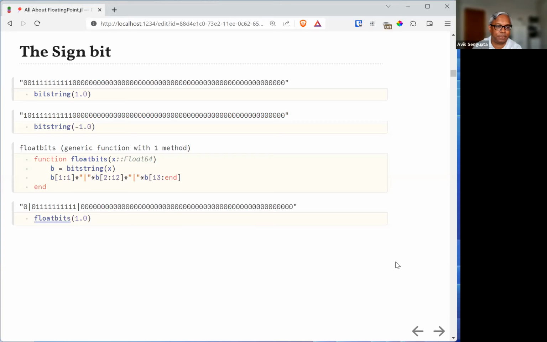The next part is the exponent, so that starts with a 0, and then it has 10 ones. That is the exponent, and the significant in this case is all zeros, right? So just the addition of these two bars makes it easy to visualize the number, right? So we'll use this float bits function for the rest of the session rather than just bit string, okay?